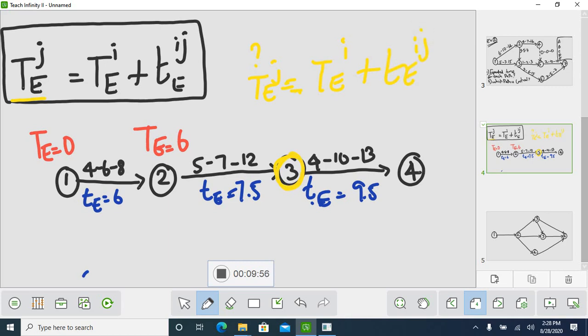You have to see the preceding activity. For TE(i), you will take this 6, and te(ij) is 7.5. So 6 plus 7.5 is 13.5. So 13.5 is your earliest expected time for event 3.